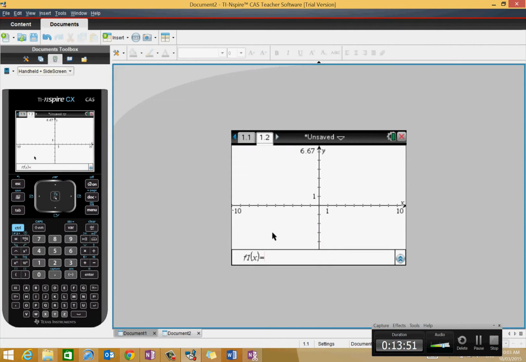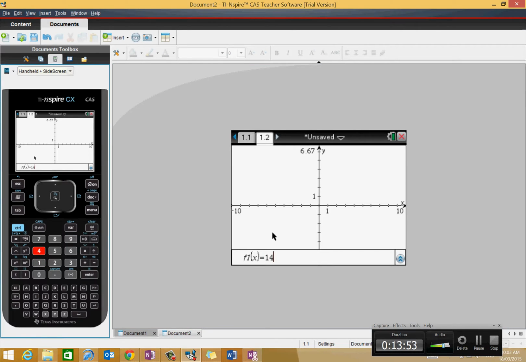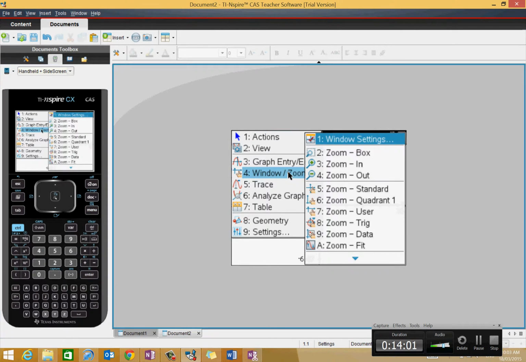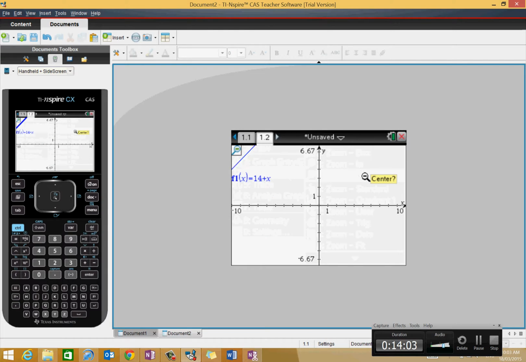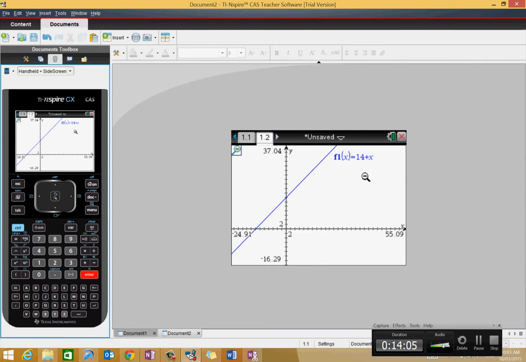And we've got to say though that Y, or the cost, which they both have, is 14 plus X. Enter. And we can even go menu, Windows zoom, and we can zoom out a bit. And go enter, enter. Alright.